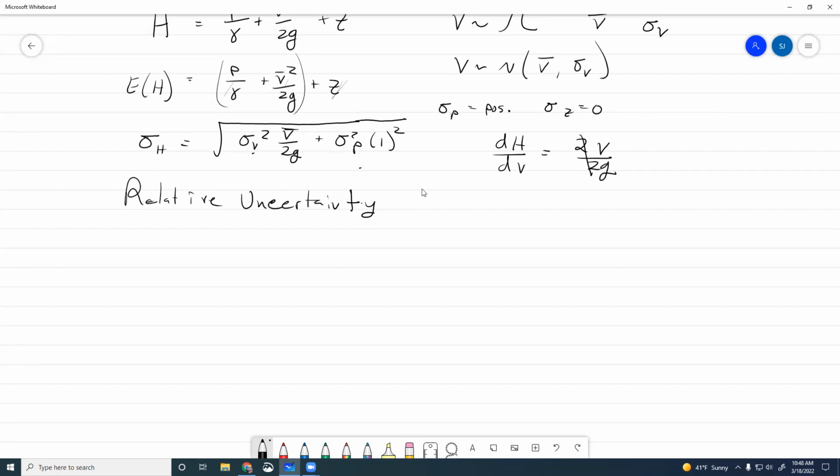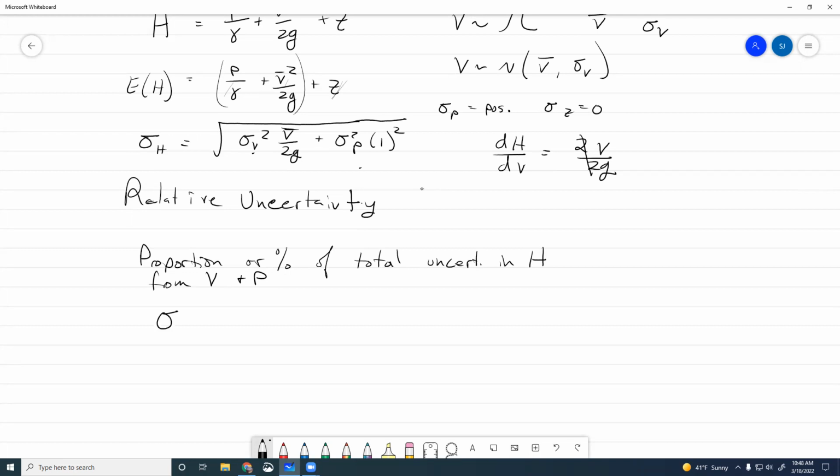So what is the relative uncertainty? We'll say the proportion or percent of total uncertainty in H from, in this case, we added P back in, so from V and P.